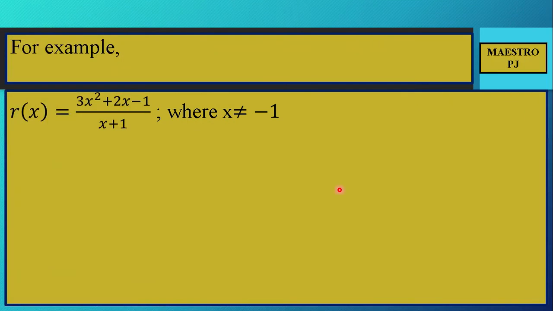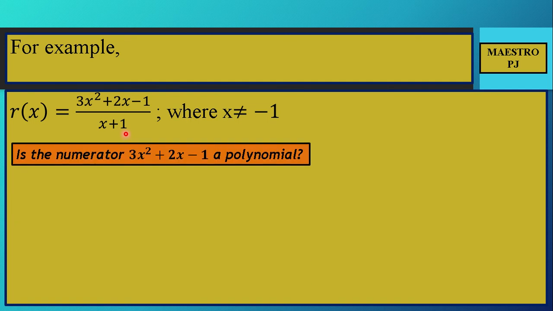For example, meron tayong rational function. r of x is equal to 3x squared plus 2x minus 1 divided by x plus 1, where x should not be equal to negative 1. Therefore, r of x is a rational function. Ba't natin nasabi yun? Is the numerator 3x squared plus 2x minus 1 a polynomial?